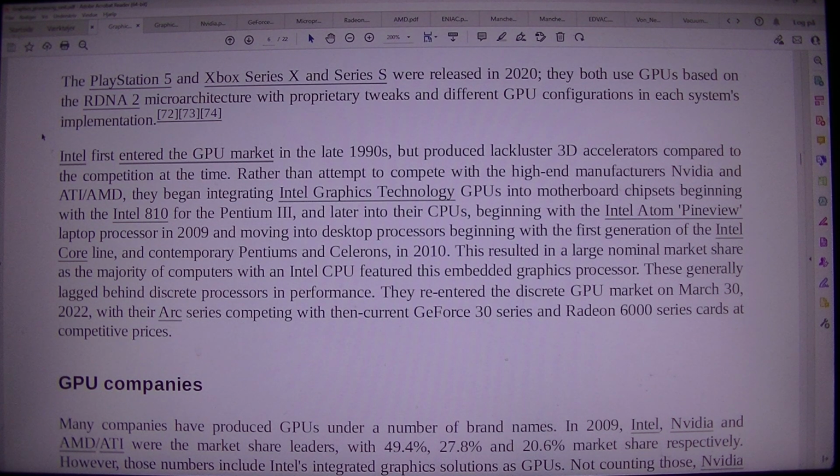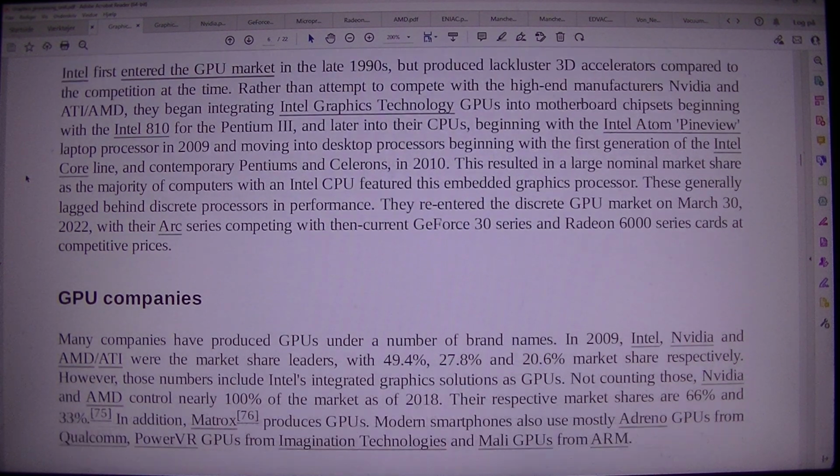72, 73, 74. Intel first entered the GPU market in the late 1990s, but produced lackluster 3D accelerators compared to competition at the time.